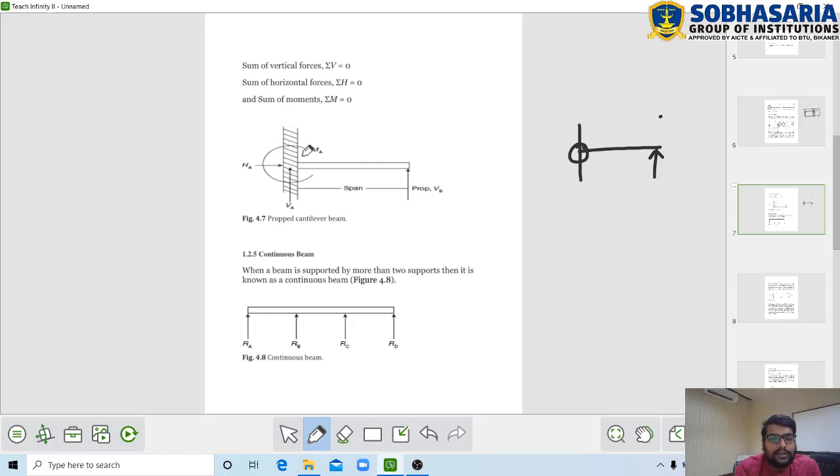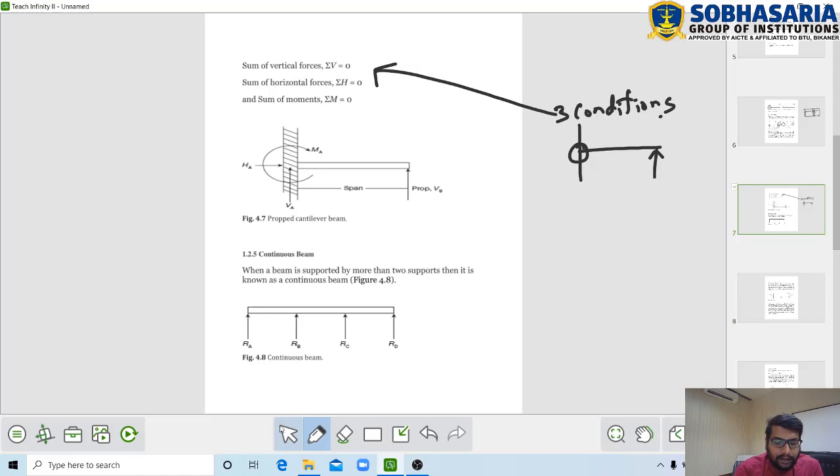Since this support is a fixed support, you can see all the three conditions. These conditions are nothing but the equilibrium conditions.